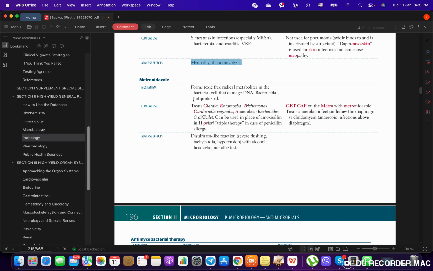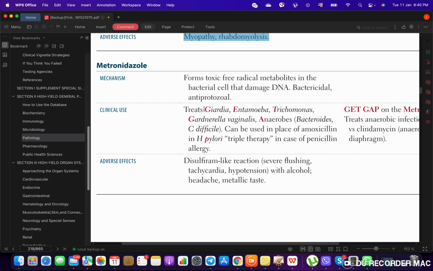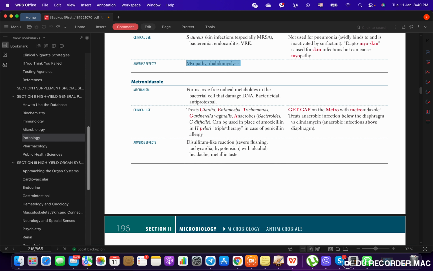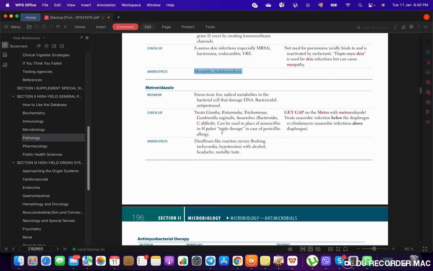It was created for protozoa, but it also acts on some anaerobic bacteria, thus we use it for them. It is used to treat Giardia, Entamoeba, Trichomonas, which are protozoa, and Gardnerella, which is a bacterium. Anaerobes as well, like Bacteroides and C. diff. It can be used in place of amoxicillin in H. pylori if the patient is penicillin allergic, especially in the triple therapy.